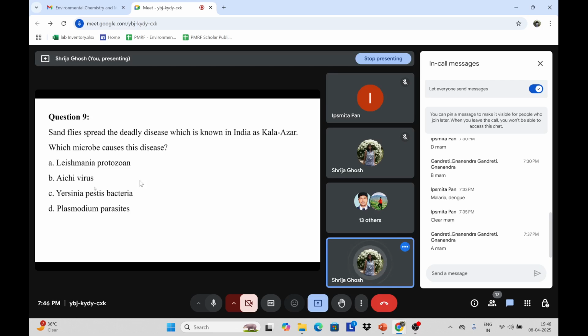Sandflies spread the deadly disease which is known in India as Kala Azar. Which microbe causes this disease? Okay, you have written option A as the answer. Anyone else?